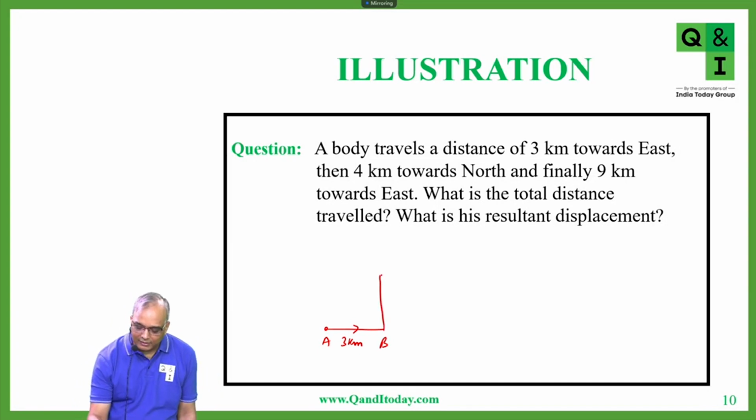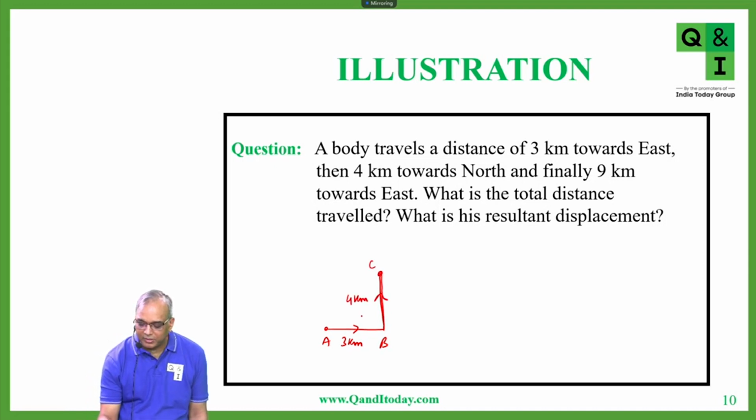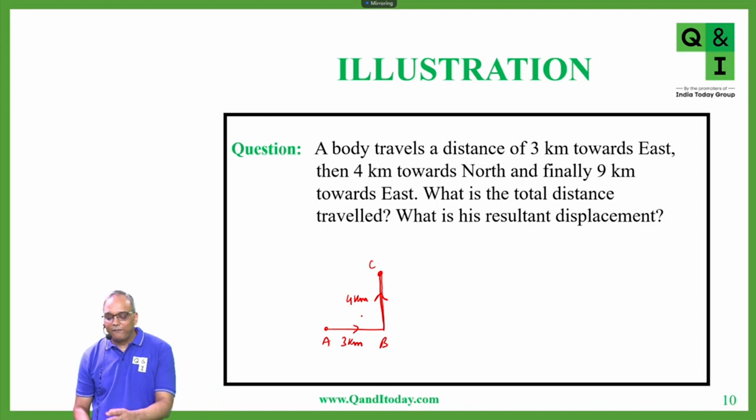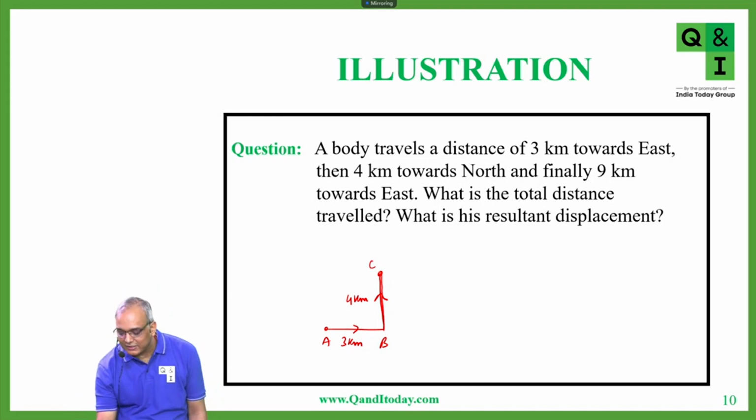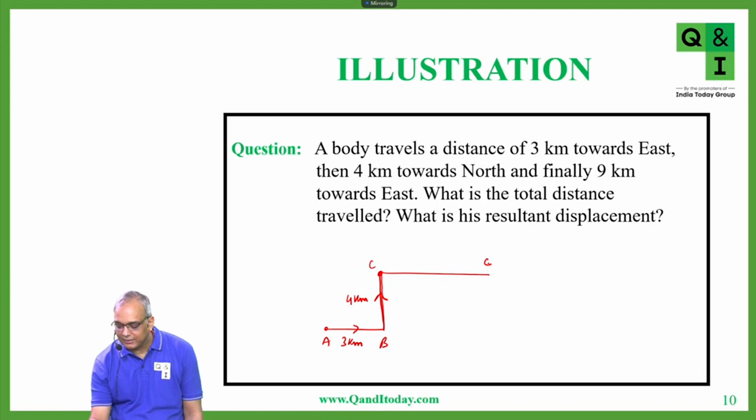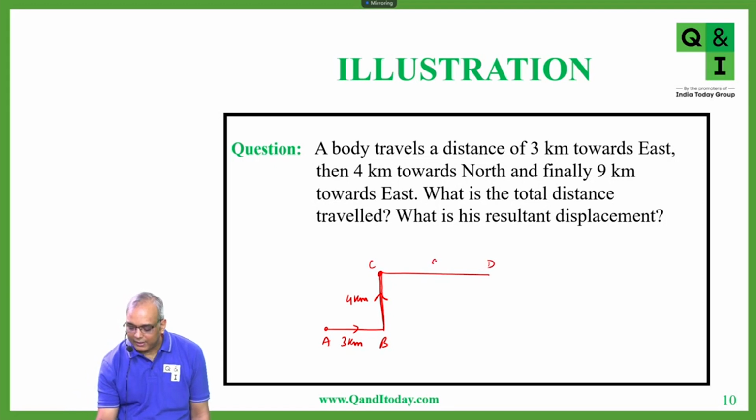So let's say the body has gone from B to C. And this is 4 kilometers towards north. And finally 9 kilometers towards east. So let's say it has reached this point D. And this total distance is 9 kilometers.